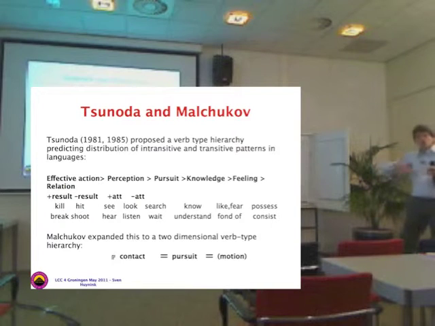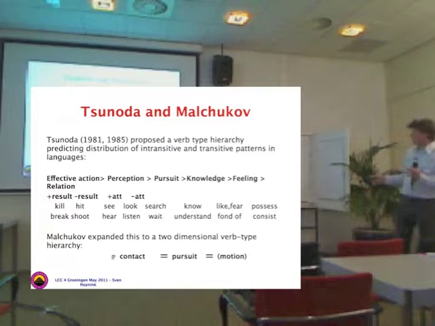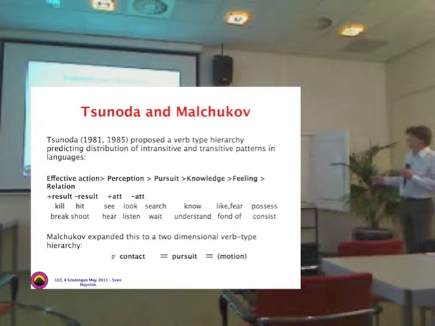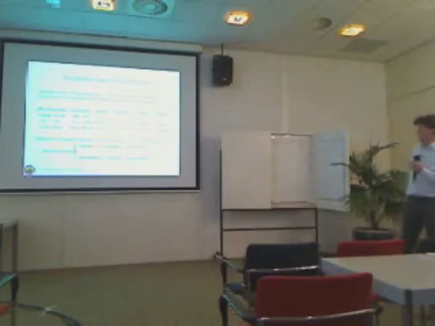Then you have somewhat less actional is perception. See and look. Here they are again. Even less active is pursuit, knowledge, feeling, and relation. I thought, well, that might be quite nice.